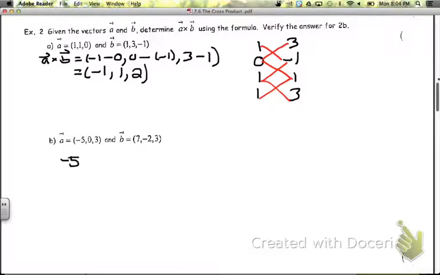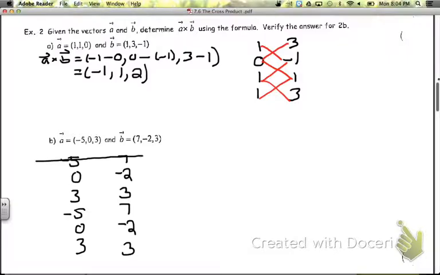Negative 5, 0, 3, negative 5, 0, 3, 7, negative 2, 3, 7, negative 2, 3. However, I want you to cross out the top and the bottom, because we won't be using those. So next we can follow and do the cross product.